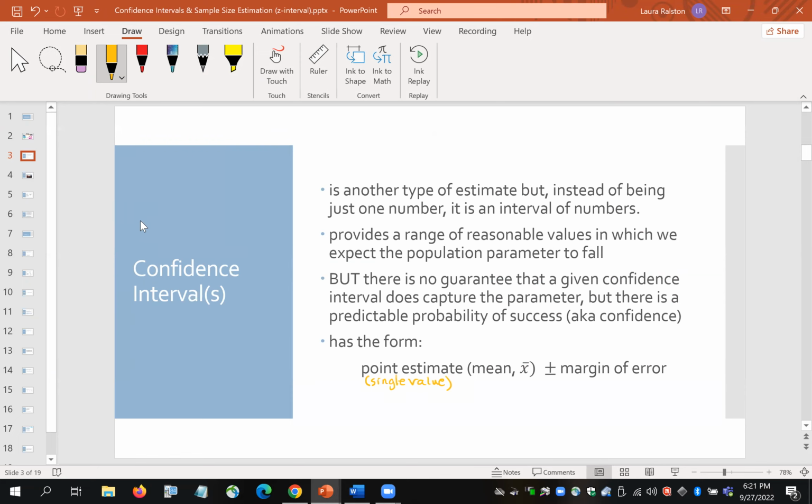How much could we be off? So that's the idea of how we create the interval. You take the point estimate and add and subtract the margin of error. Now we have to use some fancy language, and there are a few other things we've got to talk about.